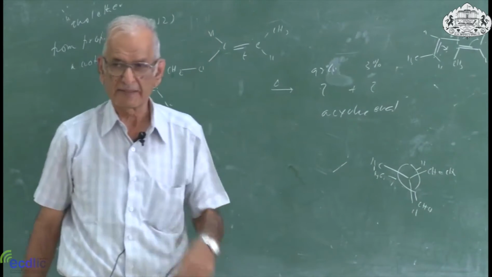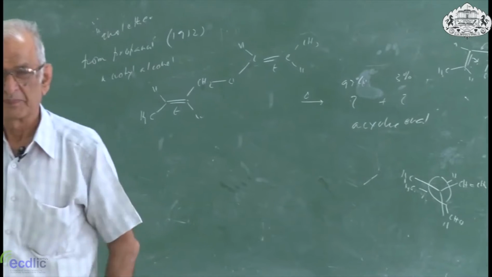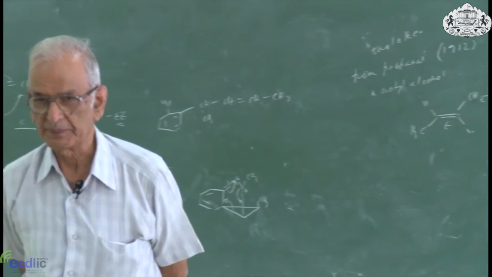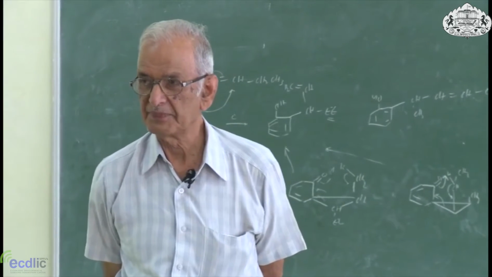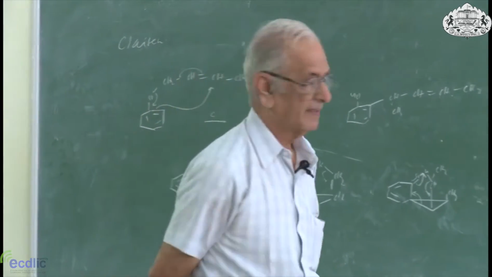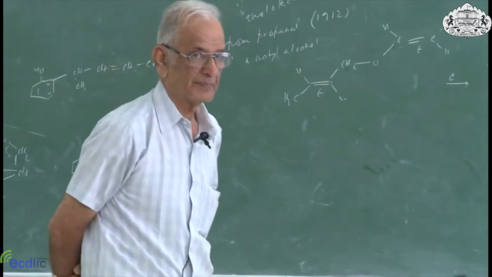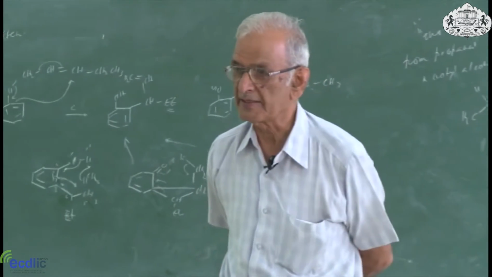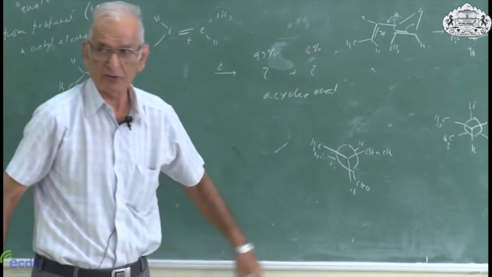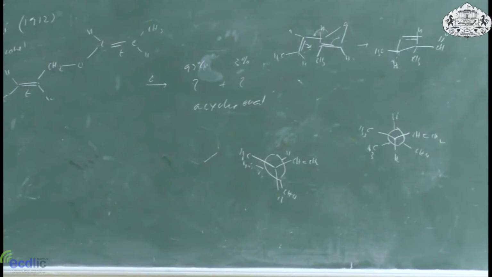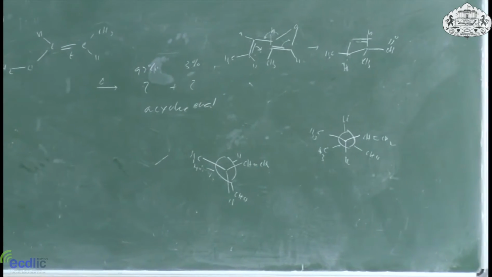What isomer is this? Threo, not erythro. In erythro, similar group should be on the same side. So if methyl is on the same side, the two hydrogens should have been on the same side. So this is your threo isomer.